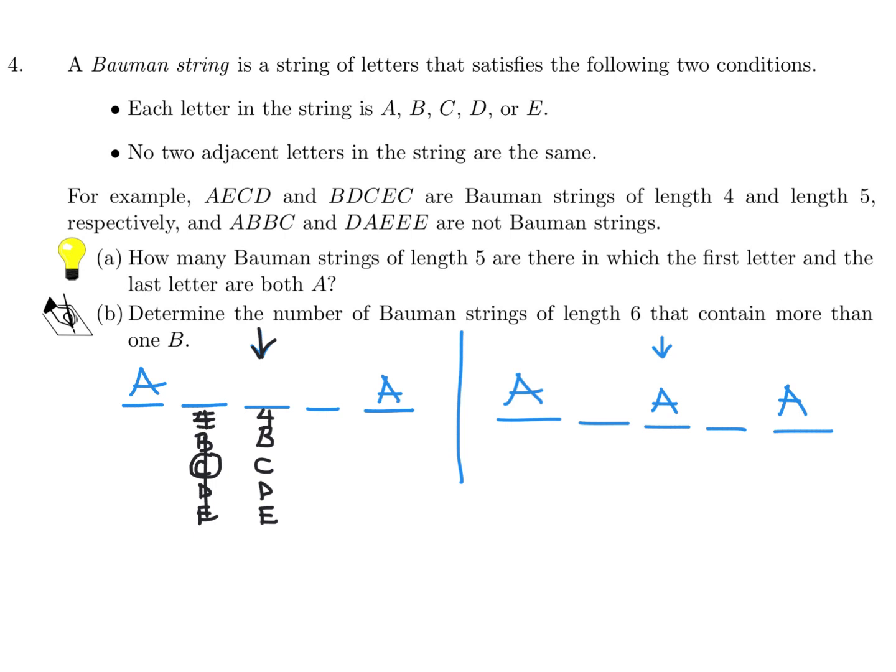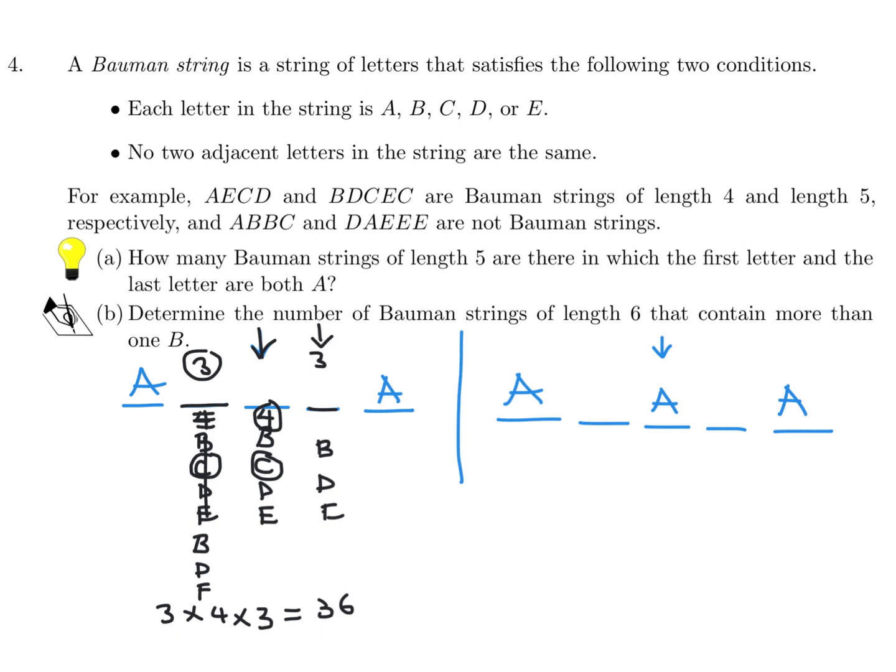Let's say it's C. This one cannot be an A or a C, so it can be just a B, D, or E. So there are 3 choices for this one. And similarly, this one here, if this is C, it can only be a B, D, or E. So 3 choices here. So the total is 3 times 4 times 3, which is 9 times 4, which is 36. Okay, so 36 for that scenario.